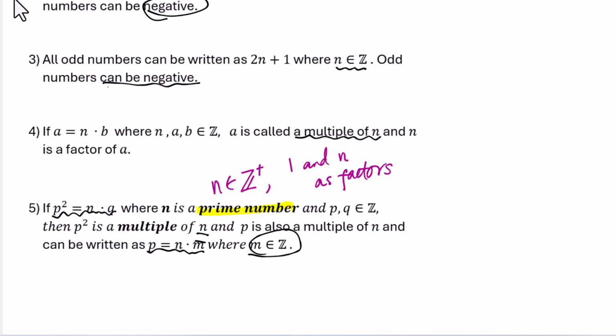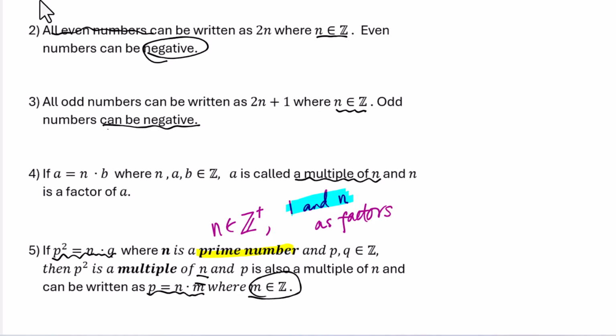Prime numbers are positive integers with only 1 and itself as factors. 1 is not a prime number because 1 has only one factor.